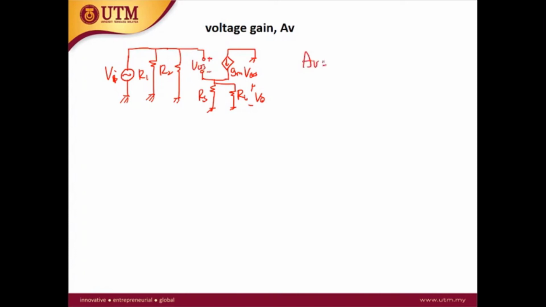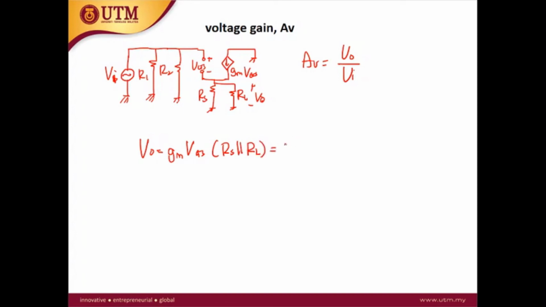So AV is equal to V out over the V in. V out is the voltage drop across the RL. So V out can be calculated by using Ohm's law. The voltage drop at RS and RL, they combine in parallel. So V out is equal to the current that passes through the RS and RL in parallel, GM-VGS. So this is GM, VGS, RS parallel with RL.